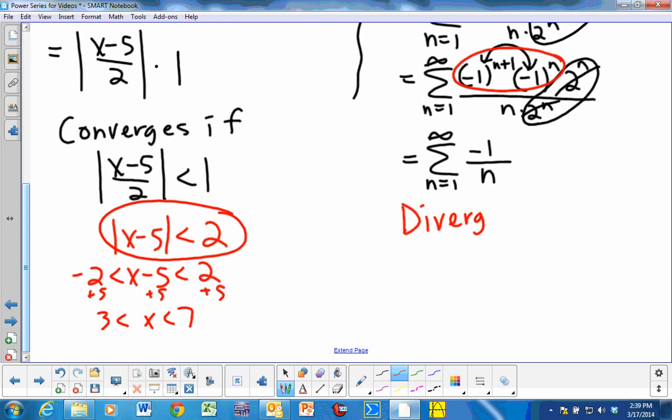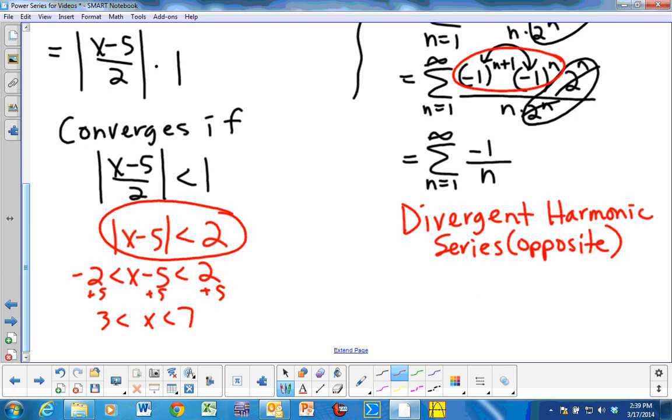So this is the divergent harmonic series, and you can just write in parentheses, maybe, opposite. It's still going to do the same thing, just underneath the x-axis instead of above, and it's still not going to come towards the x-axis fast enough. So that endpoint is not included.